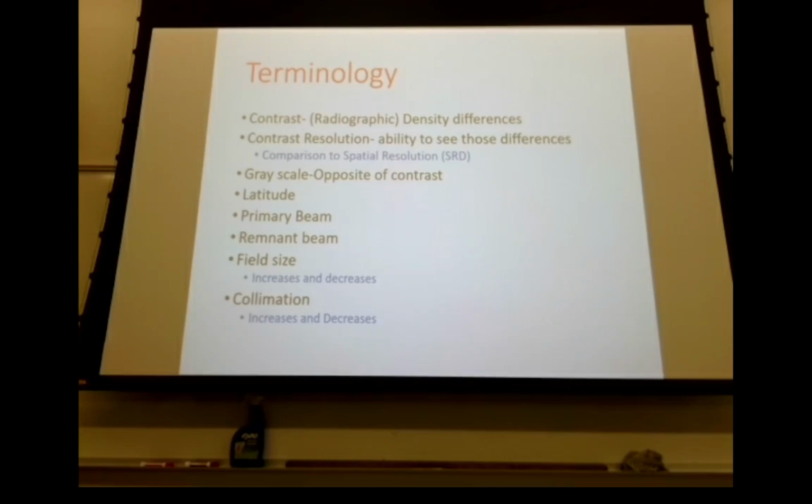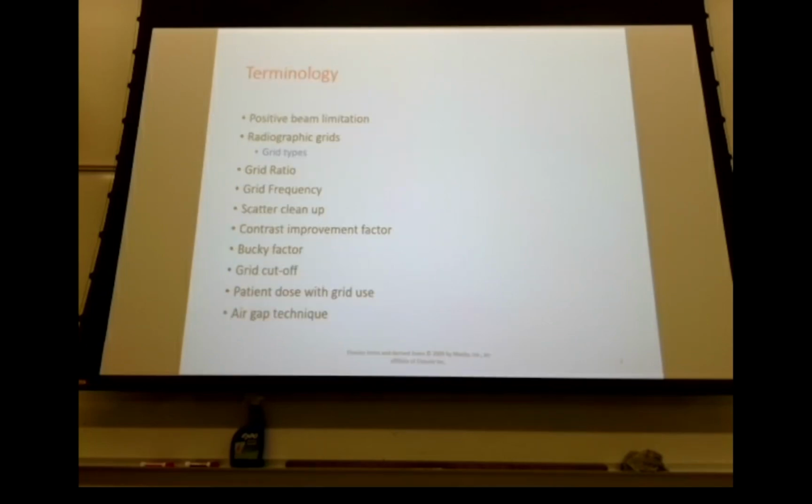So we'll talk about how we look at those. We'll talk about positive beam limitation, which is probably still on the registry, even though you don't see it on the equipment all that much anymore, but we'll talk about the historical context of what positive beam limitation was.